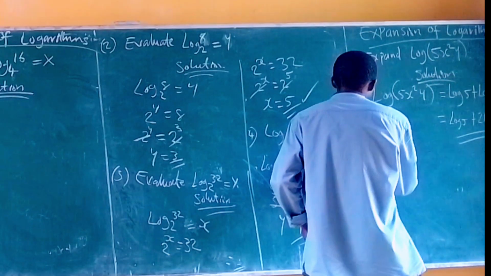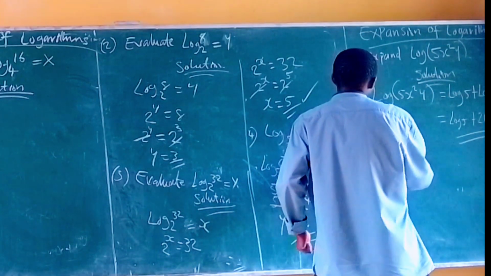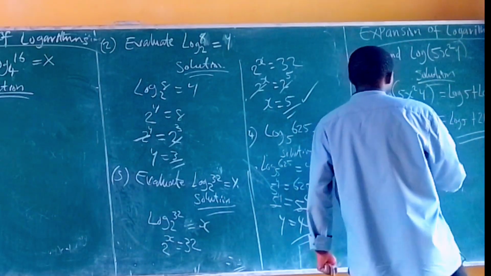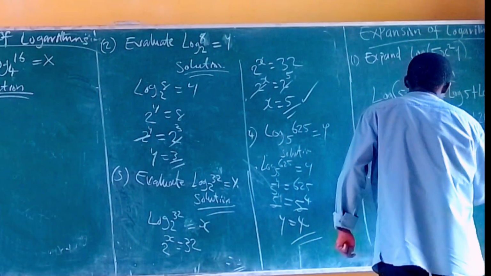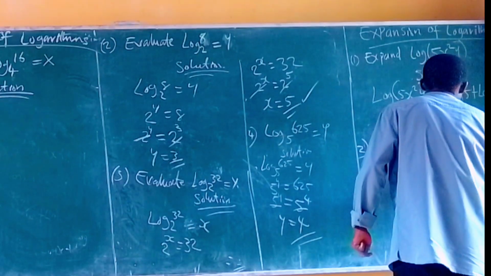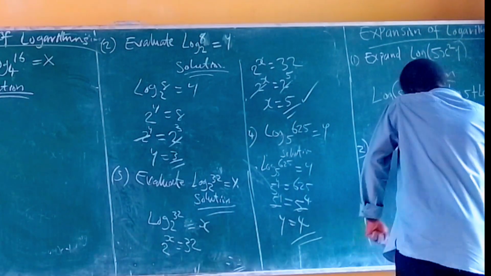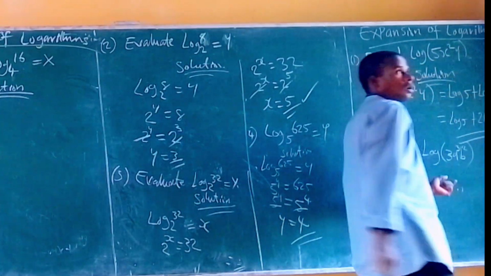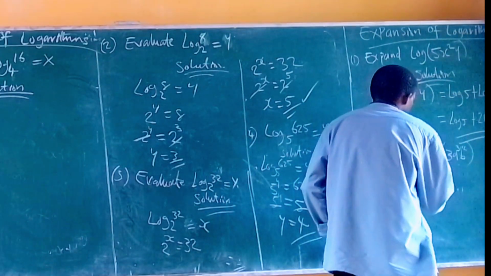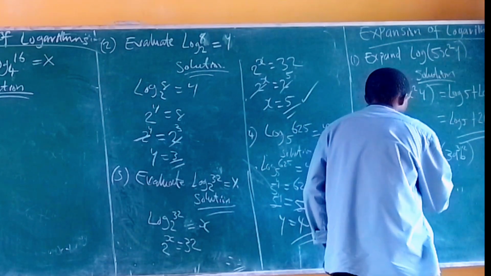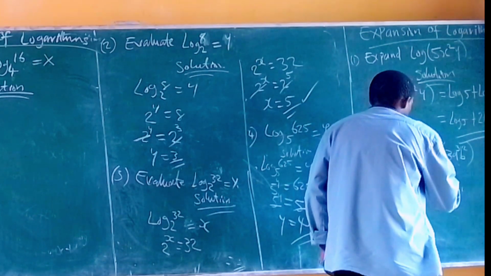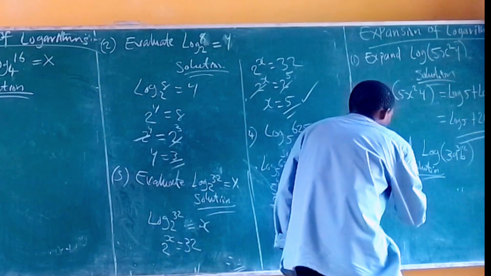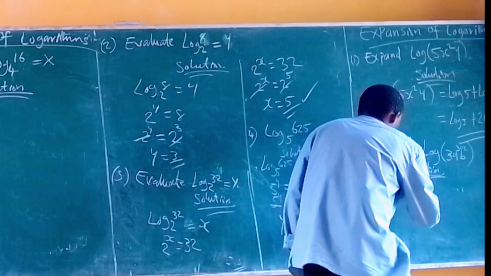Let's look at the second one. Expand log of 3 a cubed b squared.